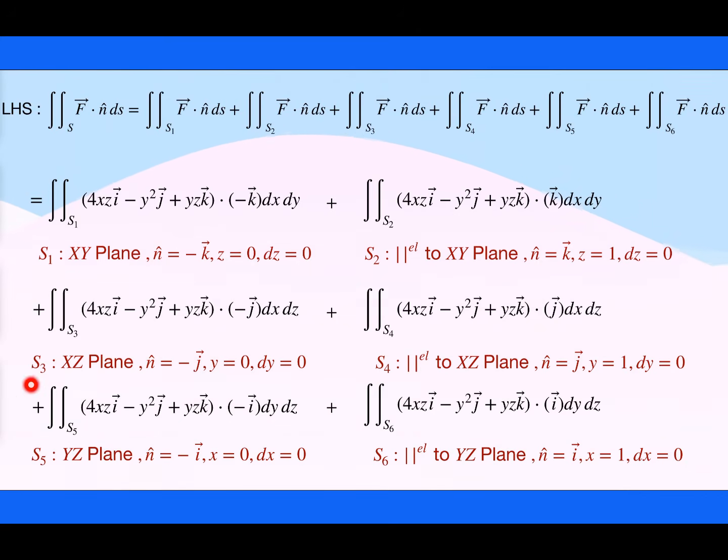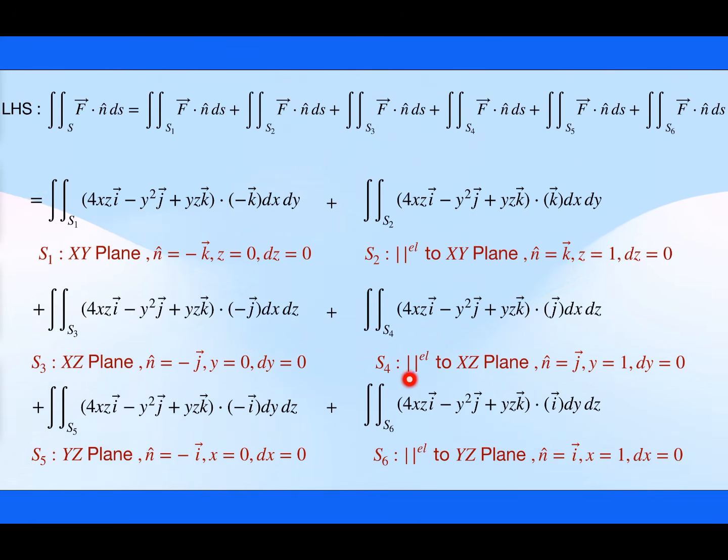And when you go with the S3 plane, that is the xz plane, here your n cap is minus j, and in the xz plane y is 0, therefore dy is 0. So when you take F dot n cap, you just substitute minus j here, taking dot product with this F vector, and of course your dS is dx dz.